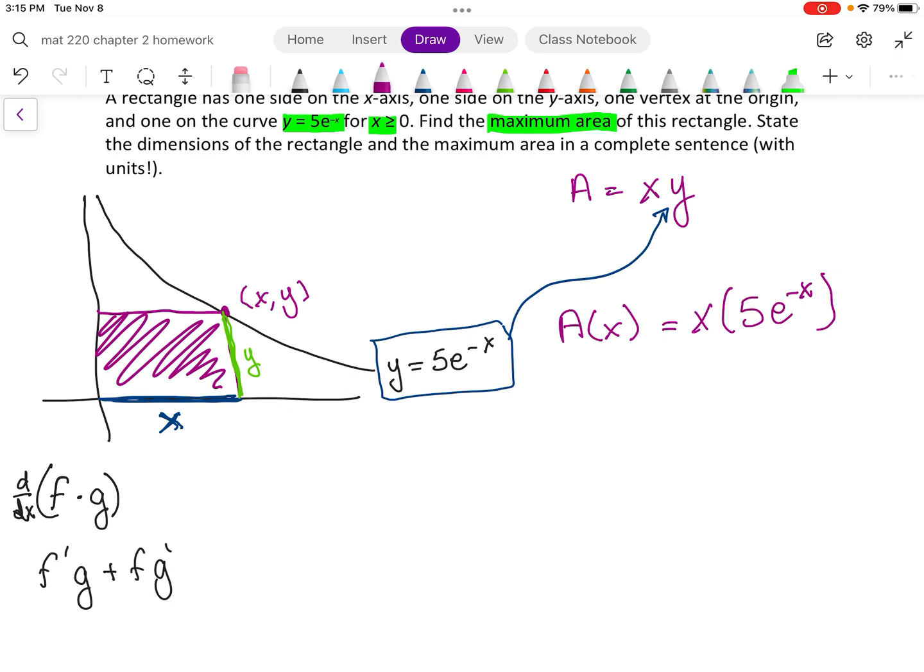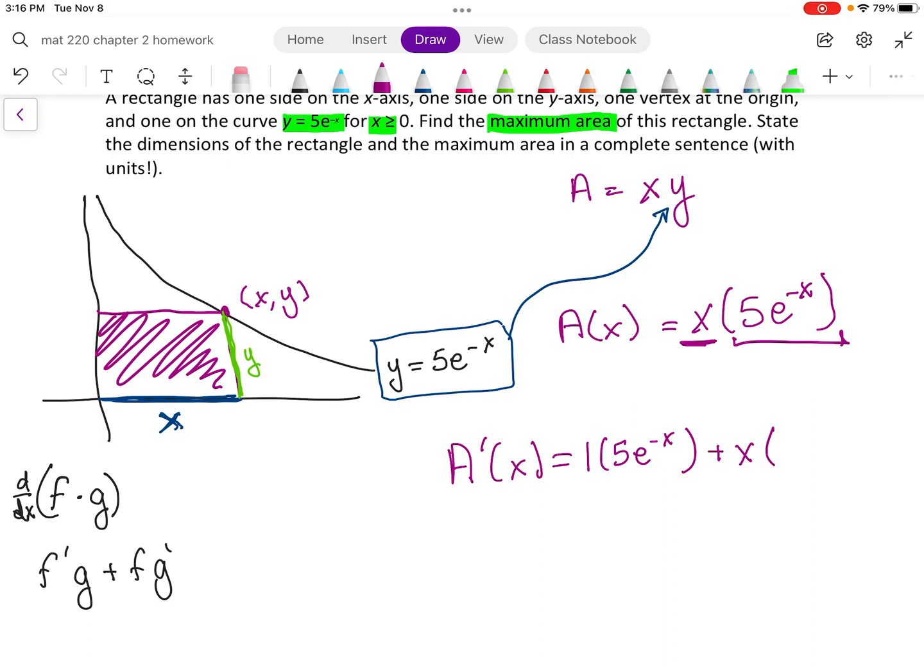So I'm going to go back to my area function, A prime of x. You'll notice I have built in my 2 parts, the x, and then the 5e to the negative x. The derivative of x is just 1, so I'd have 1 times 5e to the negative x. And then that's going to be plus x times the derivative of 5e to the negative x.